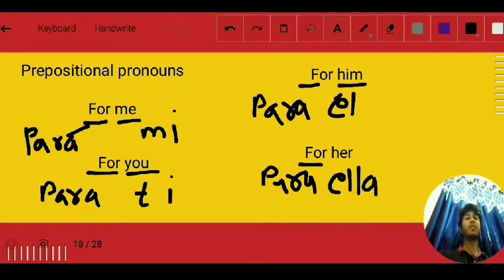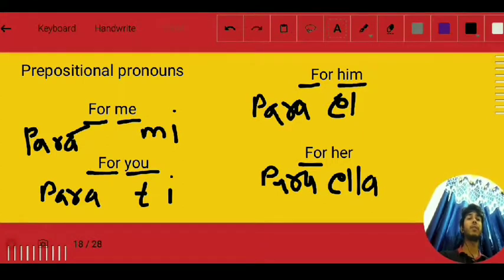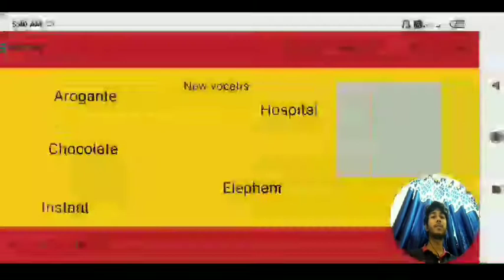So we generally say for me, for you, for him, for her. So we are going to write para él, para ella, para mí, para ti. If you remember this as para mí, para ti, then it is going to be very easy instead of going deep into this.